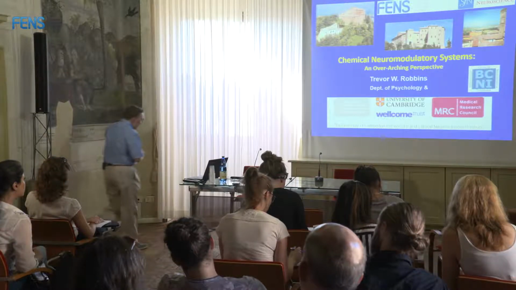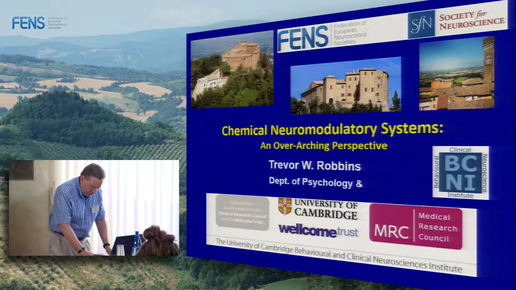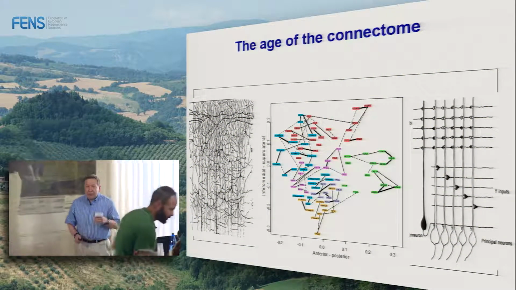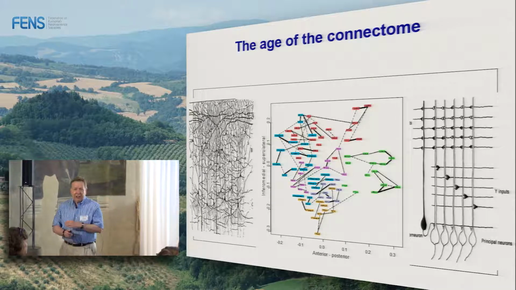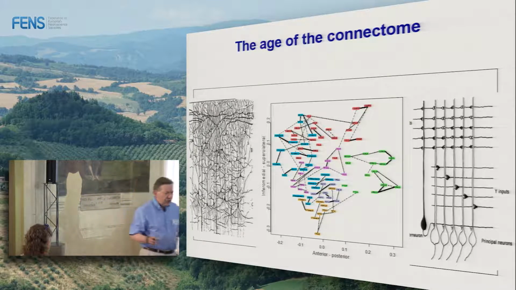Right, so an overarching perspective on chemical neuromodulation. So, rather controversially, I'm going to say that we're in the age of the connectome. What is the connectome? Well, it's a description, essentially, of all the connections in the brain, of its structural organisation.